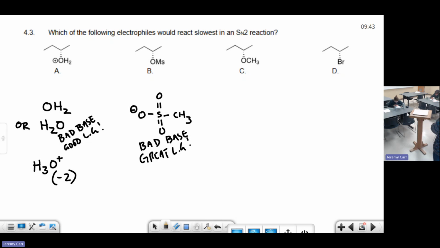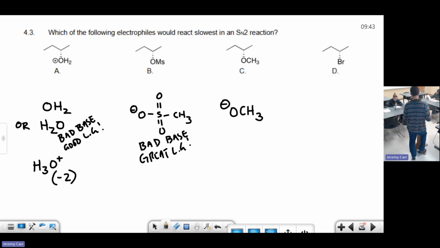Okay, OCH3. It falls off as methoxide. And what have we said about methoxide? Is it a good base or a bad base? It's a great nucleophile. Remember, we talked about this before. Great, great, great nucleophile. So what does that tell us about its basicity? If it's a good nucleophile, it's a good base. So what does that tell us about the leaving group?